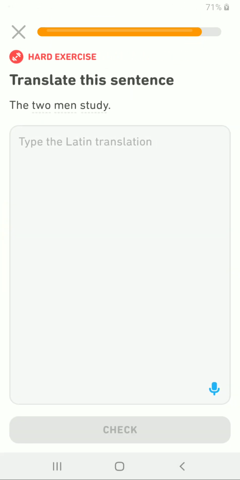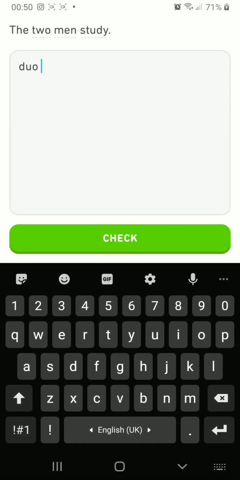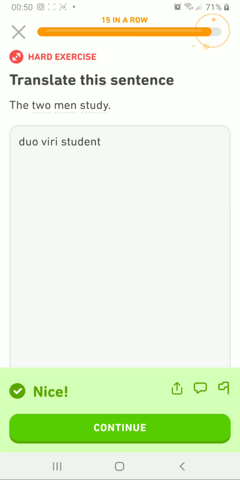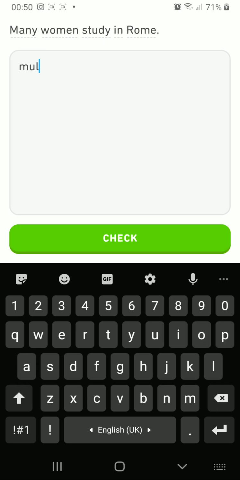Here we go. And the two men study. So duo viri student. It should be student. Okay. And many women, so multi, it has to be multi.